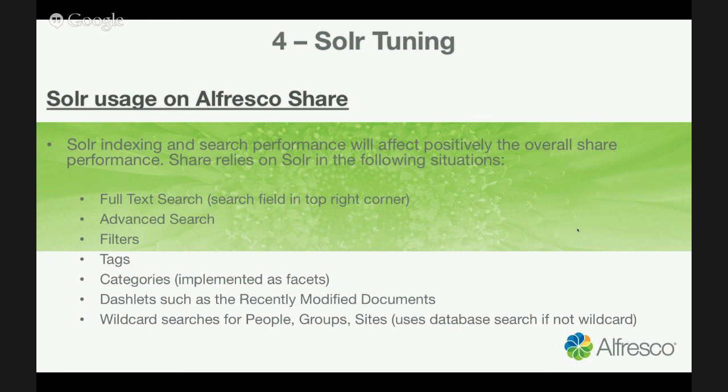Sometimes Share is doing requests to Solr even if you don't realize that's happening, when just by rendering some page or categories, Share is actually querying Solr for data. So a healthy Solr represents a healthier Share.